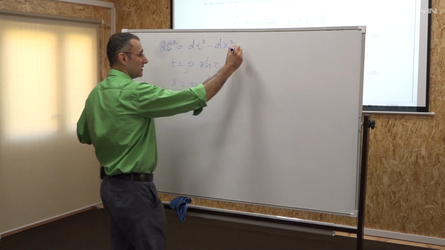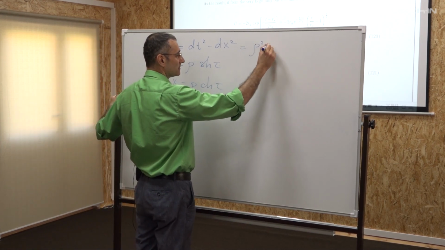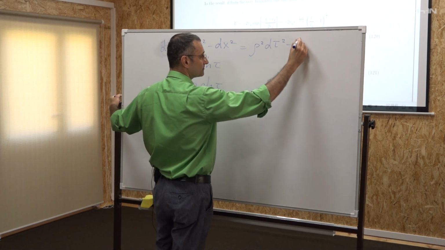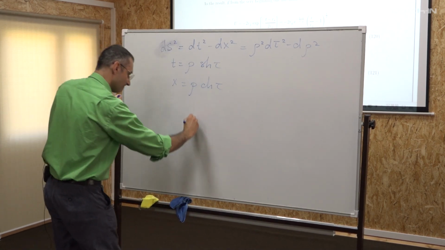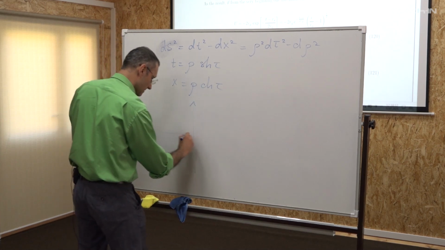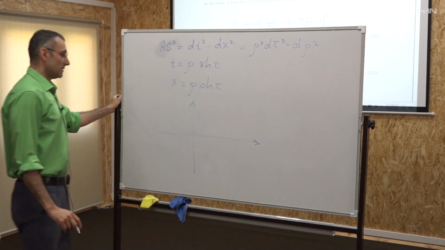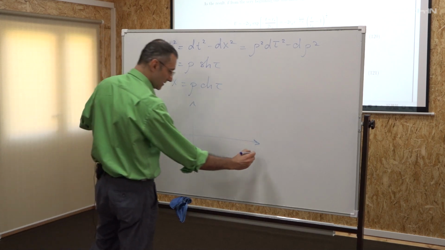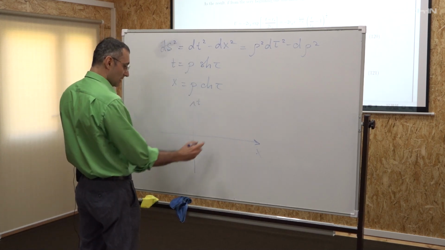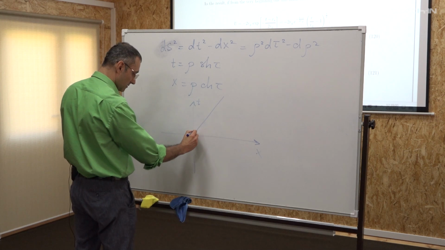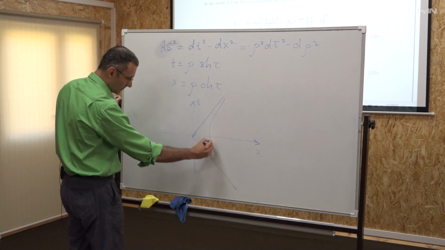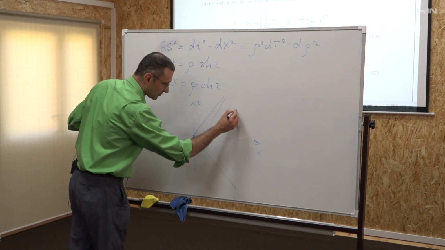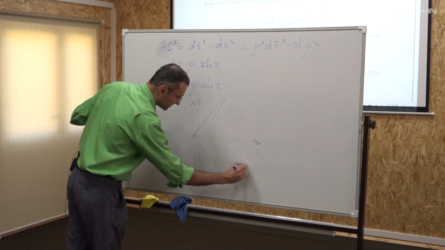And I got the coordinate system like this, with x, t, and rho. These were the constant rho curves, and these were the constant tau curves.